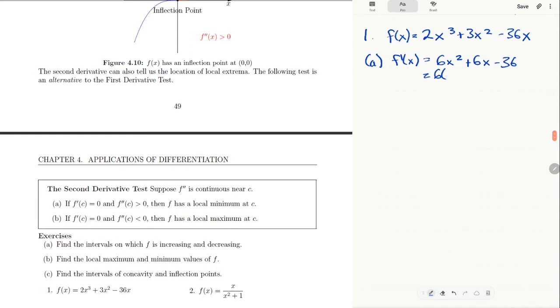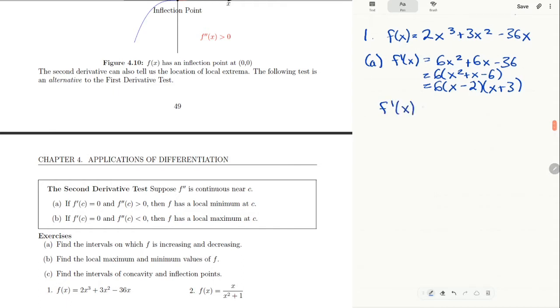to 6 times x squared plus x minus 6. And this can be factored as x minus 2 times x plus 3. So we'll first locate the critical numbers.